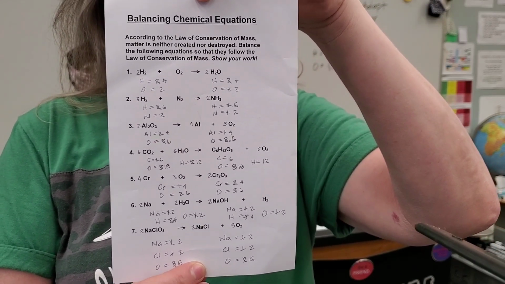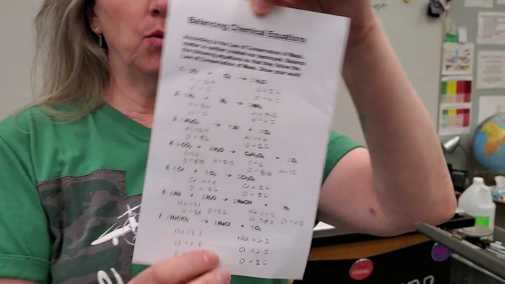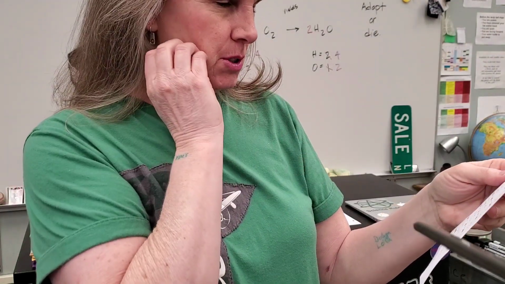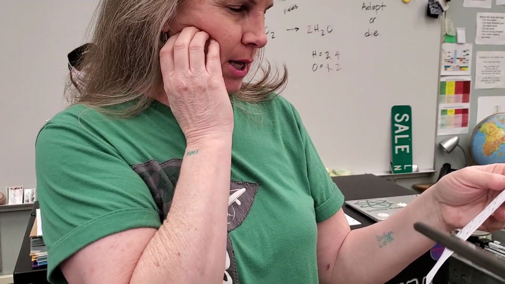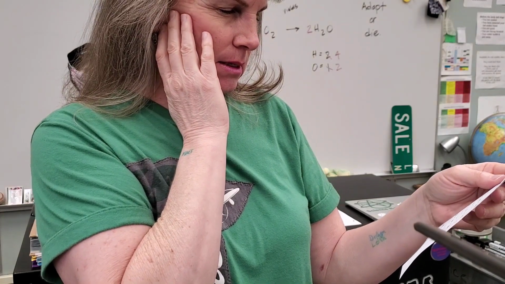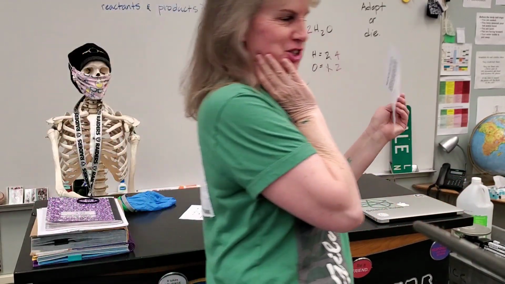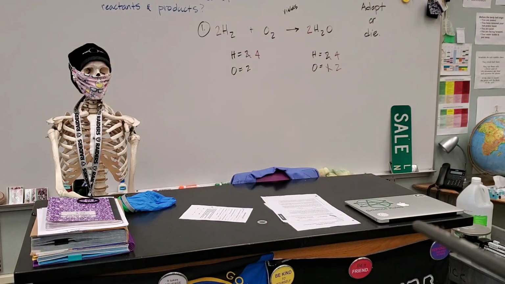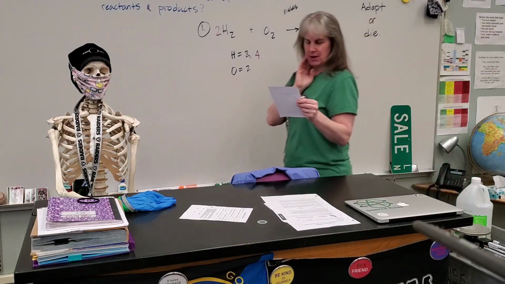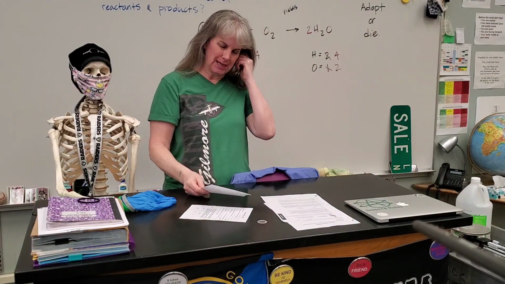The ones that were kind of tricky were, I think, numbers 4 and 6. Thank you, Oliver, because I used yours as a cheat sheet. Yeah, I think those are the ones that you had to fudge with a little bit.